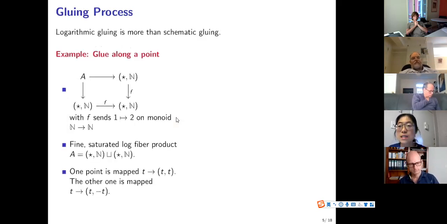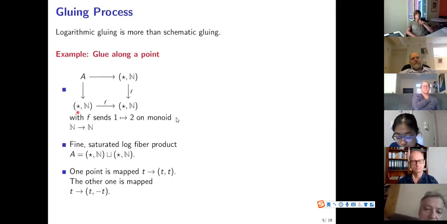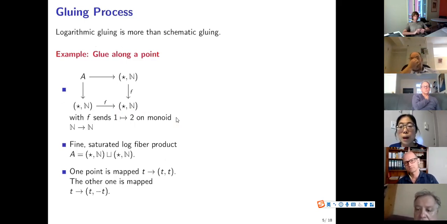Okay. So let's see an easier example, where we first try to glue along a point with the log structure N over here. Suppose we are trying to glue two points along this point. If we take the map F, on the schematic level it's going to be the trivial map. But on the log structure, we can take it by multiplying by 2, so we send 1 to 2 on the monoid.